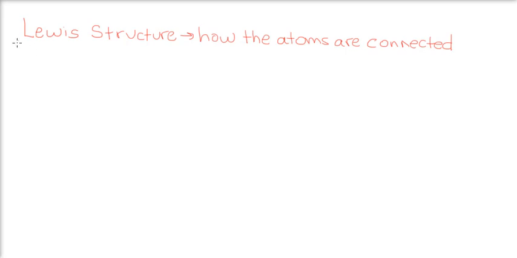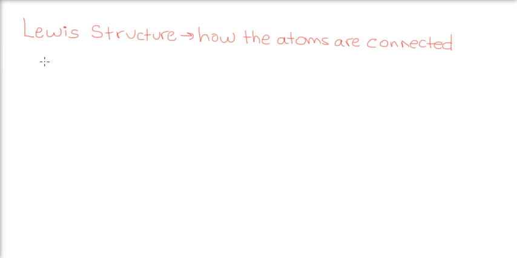Now, if you've taken general chemistry, you would have had a lot of practice with many different kinds of Lewis structures, including polyatomic ions, radicals, and very few basic Lewis structures of organic molecules. So based on your knowledge of general chemistry, in organic chemistry, we're only going to focus on very few elements.